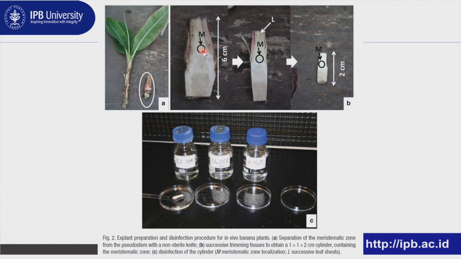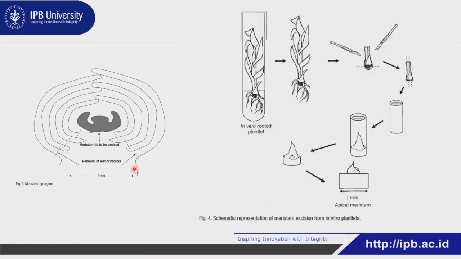So we took a very little, let's say, meristematic part here, and see, this is only six centimeters, and we peel it and we cut it into only 2 centimeters, let's say, and we do exactly the same as what we previously discussed.